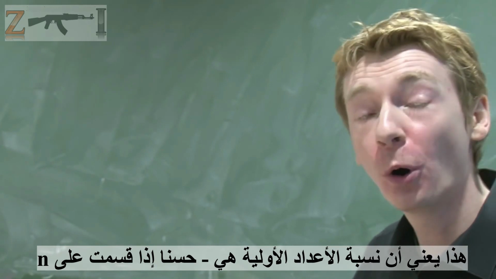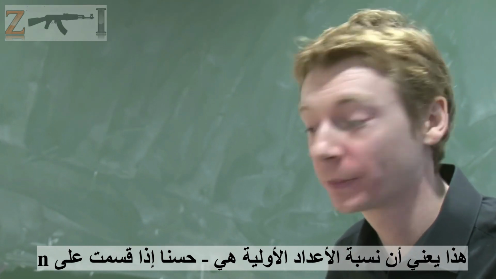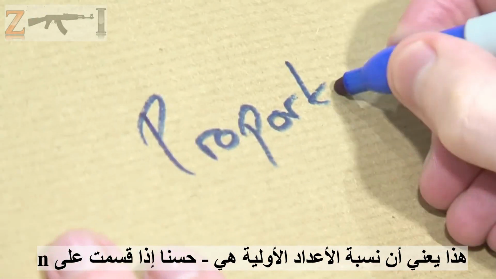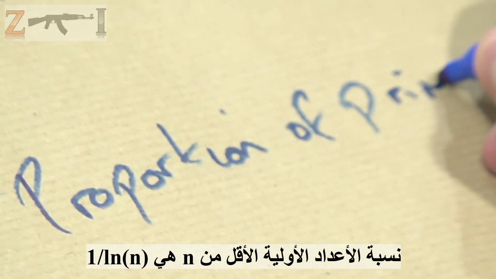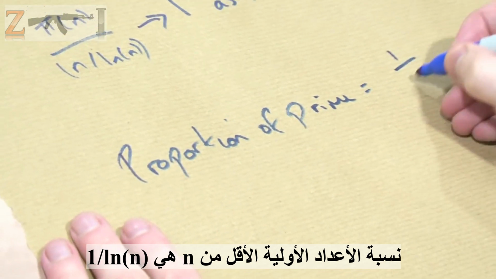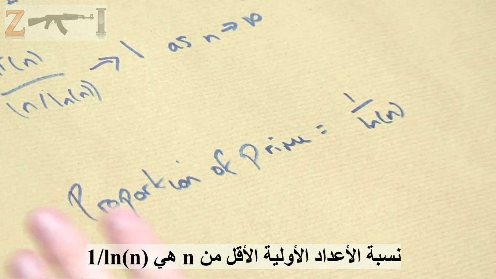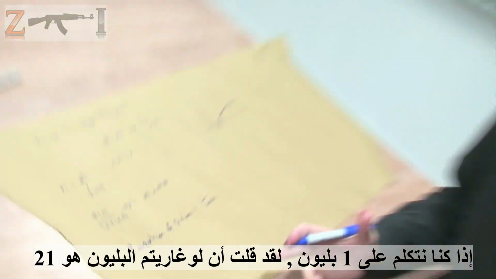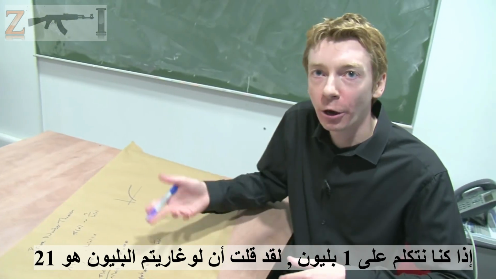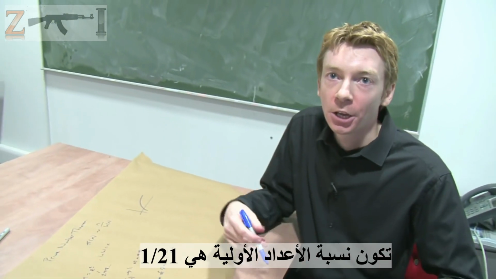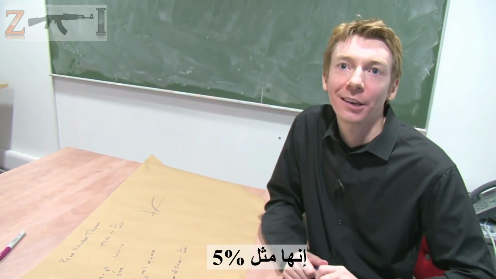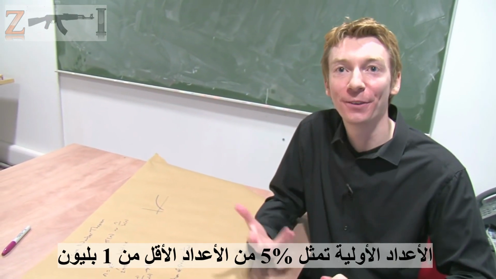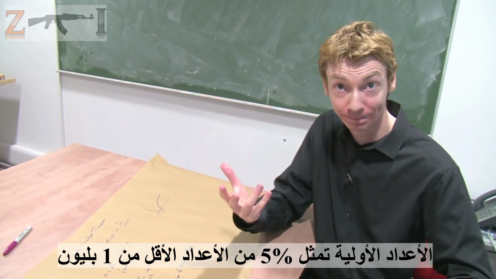That means that the proportion of prime numbers, if we divide by n, the proportion of primes less than n is 1 over log n. So if we're talking a billion, I said the log of a billion was 21. So the proportion of primes is 1/21. It's like 5%. 5% of numbers less than a billion are prime.